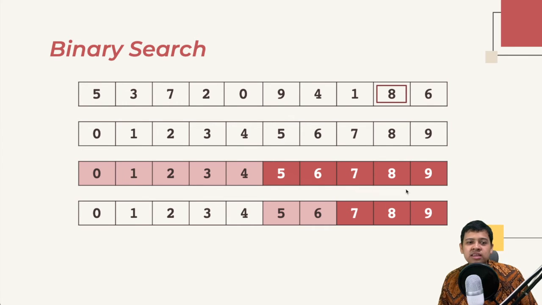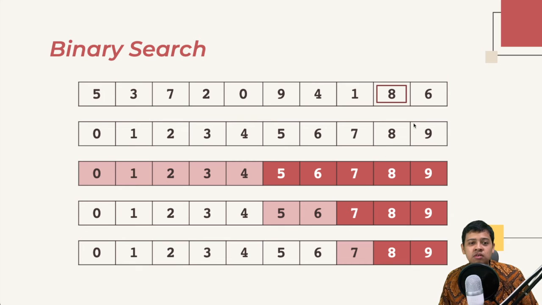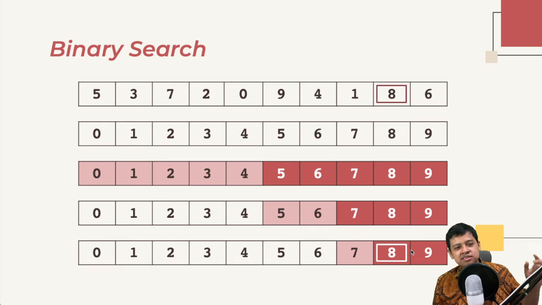The middle number should be 4.5, for example, and because 8 is more than 4.5, we search the right side. The right side is divided again. If the middle number is 7, and 8 is more than 7, we go to the right side again, until the middle number is the one we are searching for.